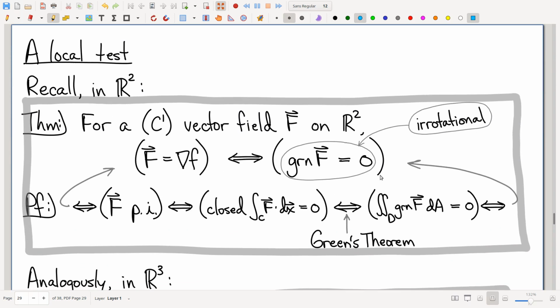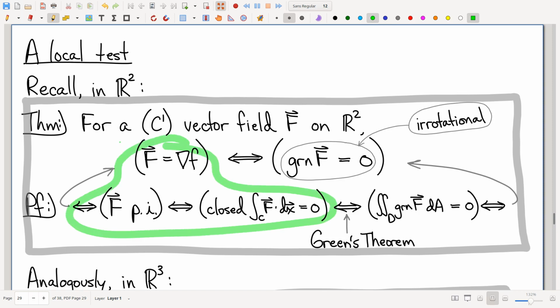All right. Now, quick reminder. Everything on the screen here is an absolute rip-off of what we wrote down back in Chapter 6. I'm just going to remind you really quick, this is about how you do a local test for path independence. We had these three statements that we pretty quickly realized were all equivalent.